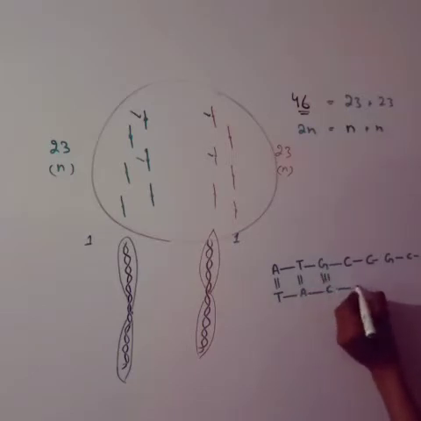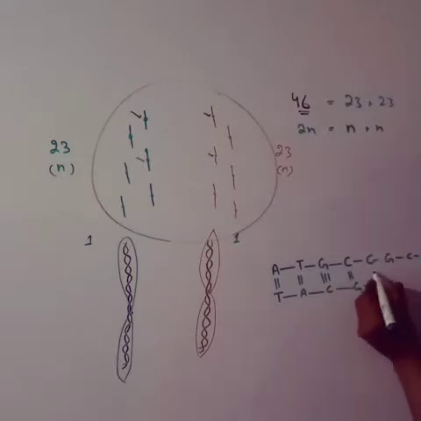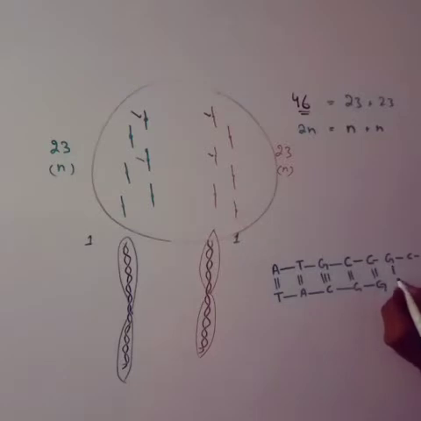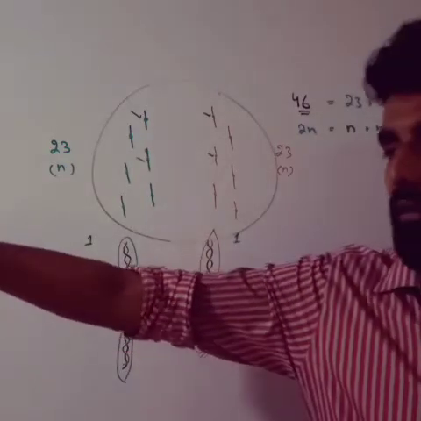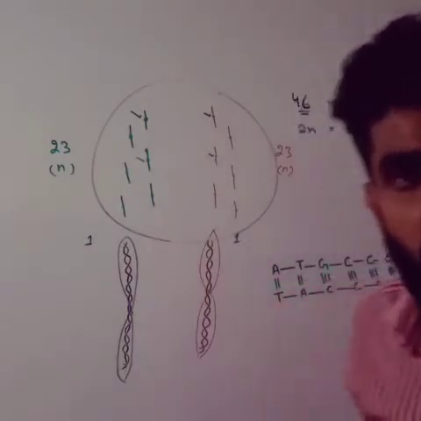Against C there will be G, triple bond. Against A there will be T, double bond. In this way a long double helix DNA structure will be formed.